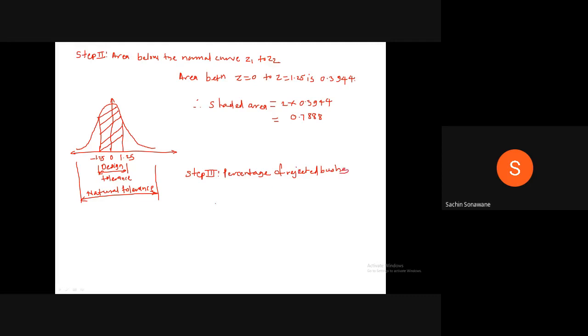Therefore, percentage of rejected bushes is equal to 1 minus 0.7888 into 100, which is equal to 21.12%.